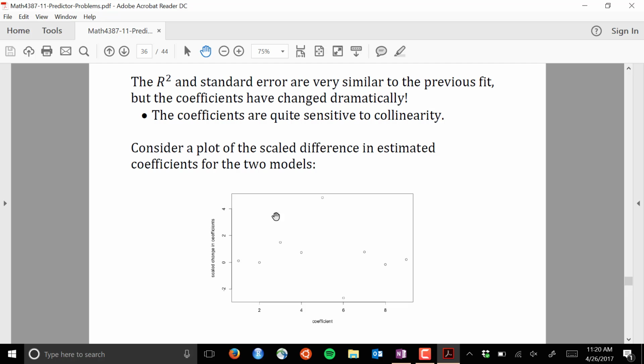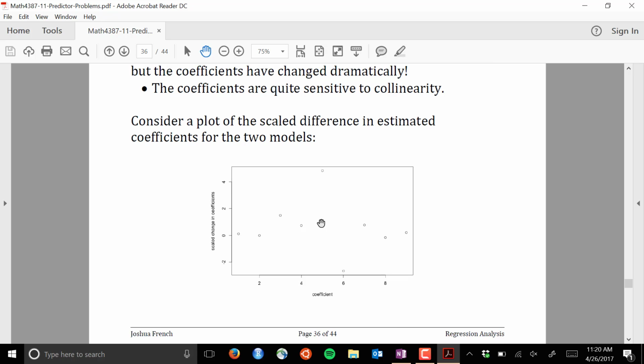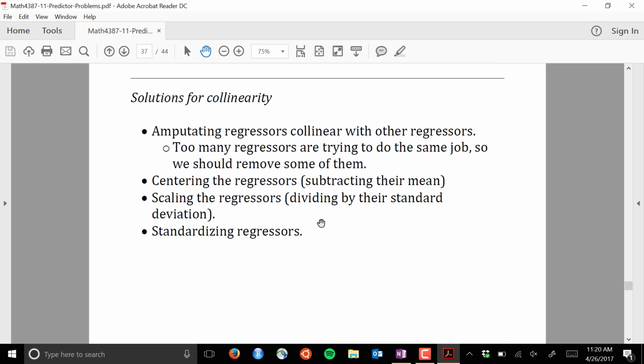You can see that some of these coefficients are changing by a factor of 4, so one of the coefficients is 4 times larger than the other. This is a problem. It looks like probably the height and height shoes coefficients are changing the most, which is not surprising considering that they were the ones most highly correlated with one another. So we're having a real big problem with collinearity in our model fit.